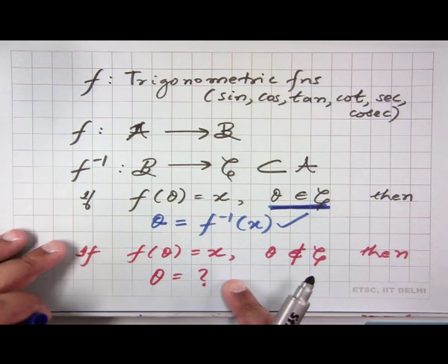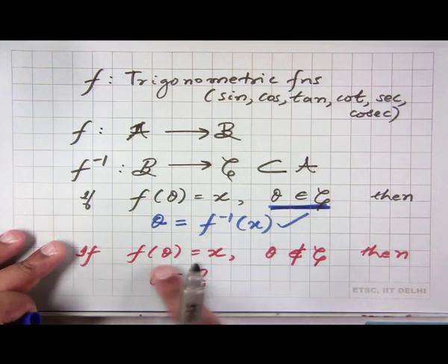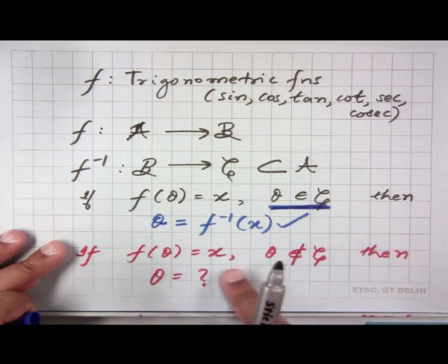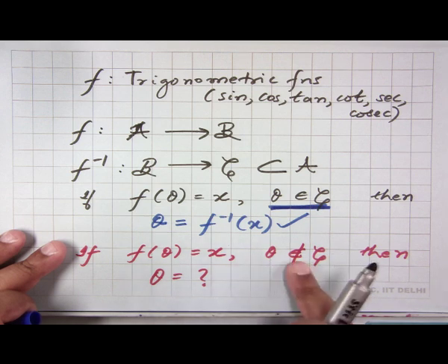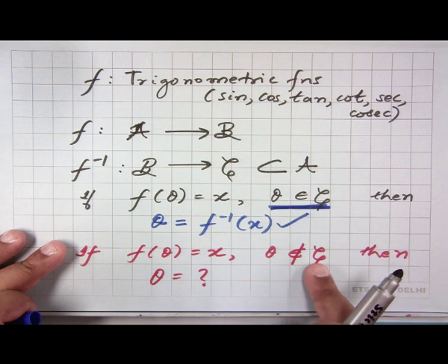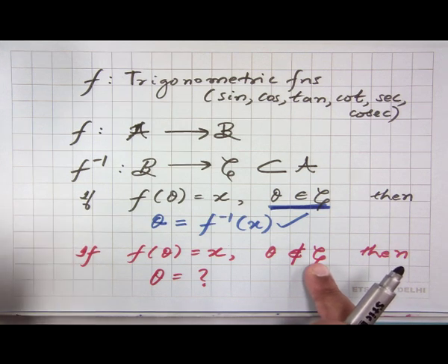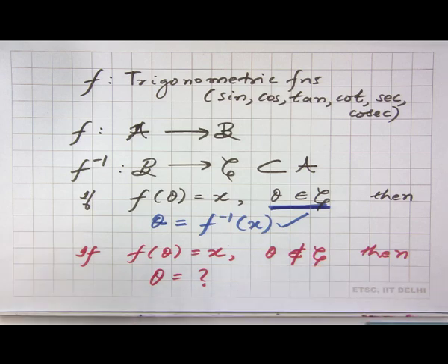But if let us say that we have the same problem, f theta equal to x, we have to find theta, but it is said that we need to find a value of theta which does not belong to the range set of f inverse. Then the question is, how do we find theta now?